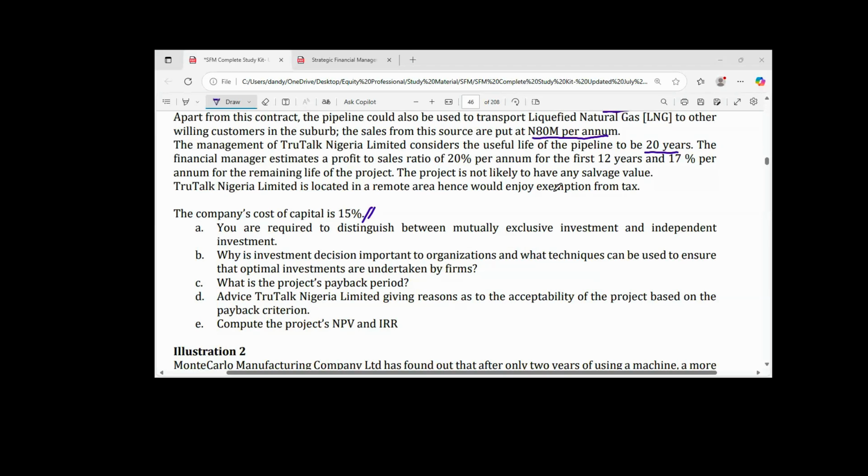In finance, there are three principal decision areas. We have the investing decision, the dividend decision, as well as the financing decision. The essence of carrying out an investing decision is to ascertain the financial viability of the investment or of the project using relevant investment appraisal techniques.